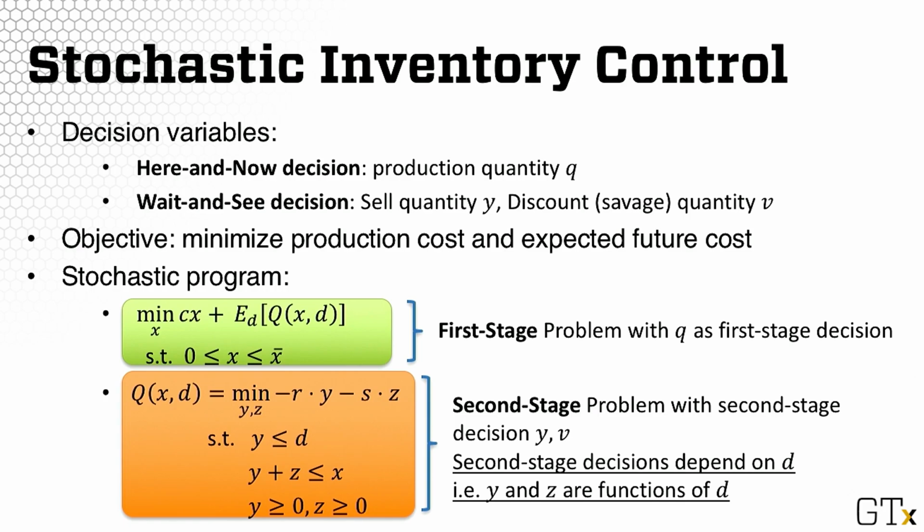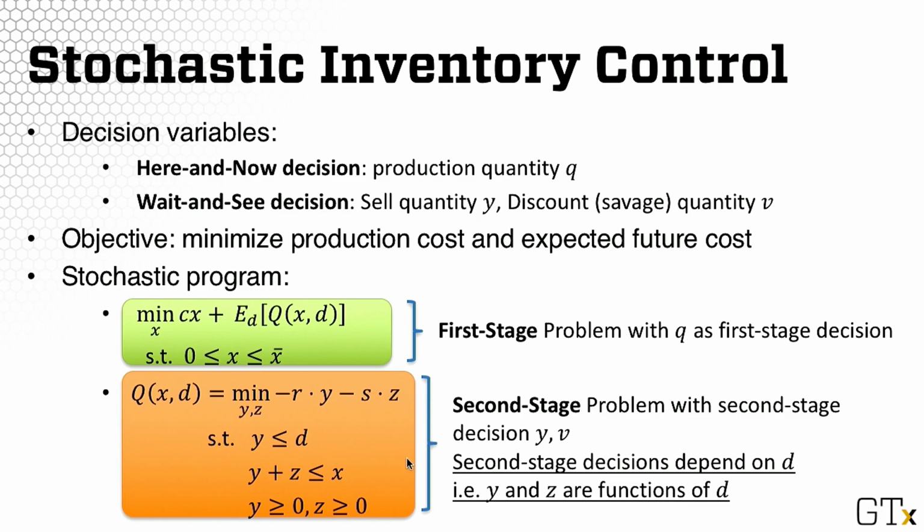Other decisions, selling decisions or discount selling decisions, can be made after the demand is realized. They don't have to be committed right now. So you can wait and see what the demand is and then decide. This is called a wait-and-see decision, or second stage decision.